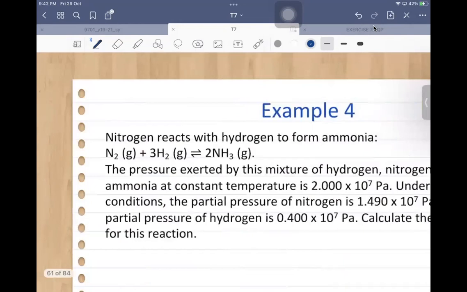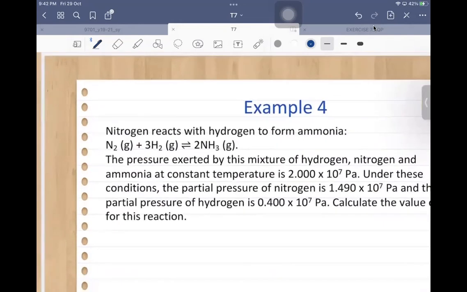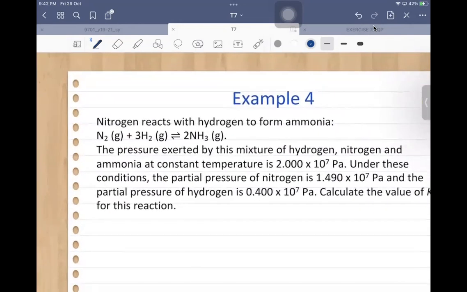with the next example. Nitrogen reacts with hydrogen to form ammonia. The pressure exerted by this mixture of hydrogen, nitrogen, and ammonia at constant temperature is 2 times 10 to the power of 7. So you can see that the pressure exerted by this mixture, that is the keyword. That means it's the total pressure.